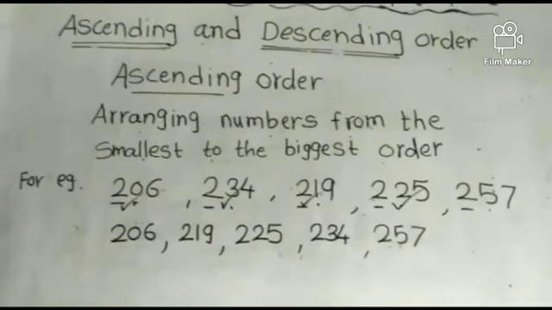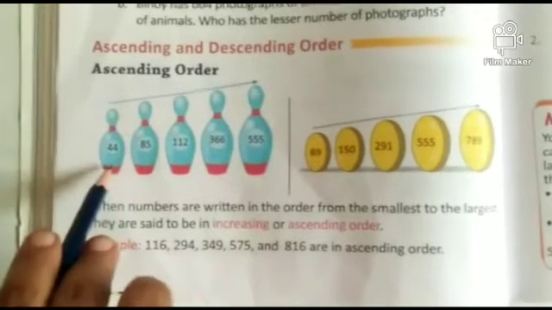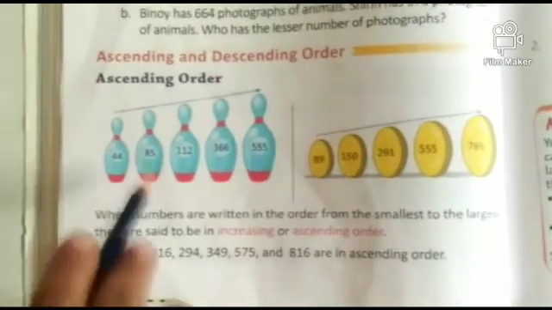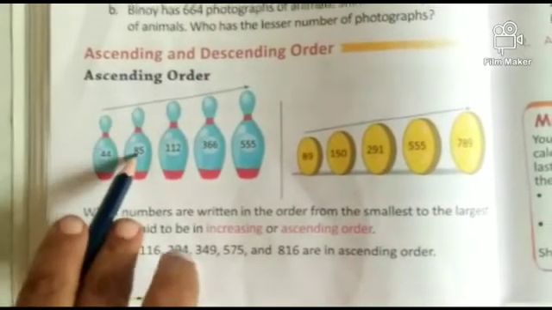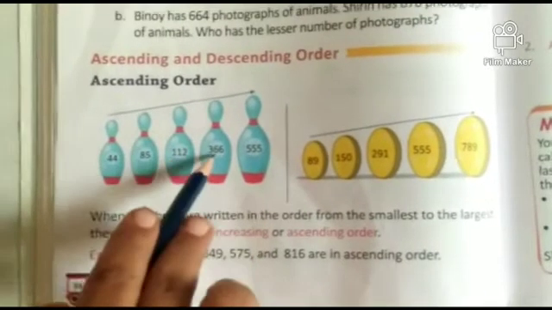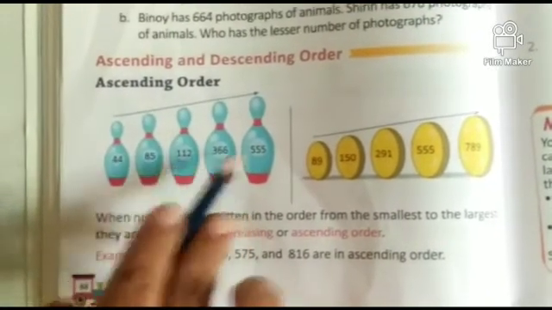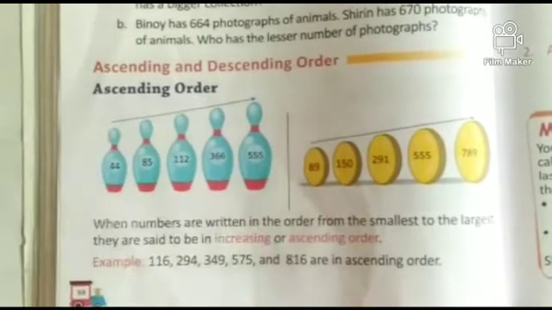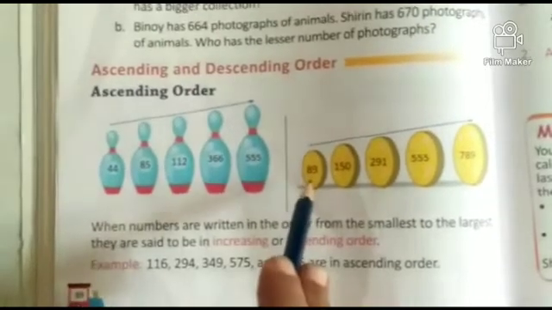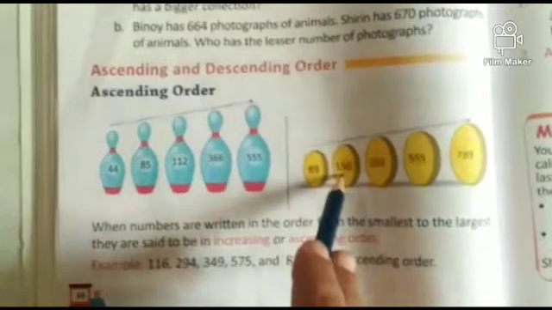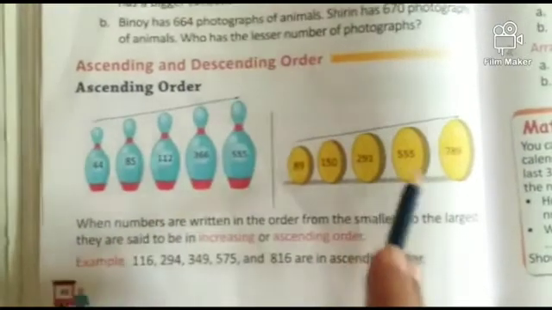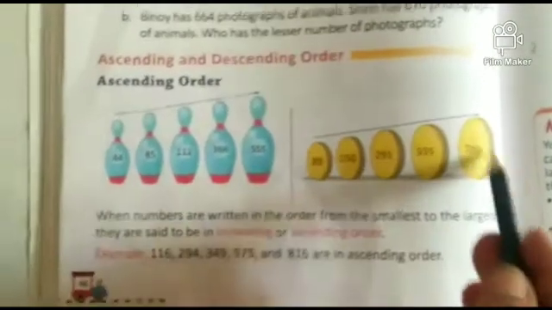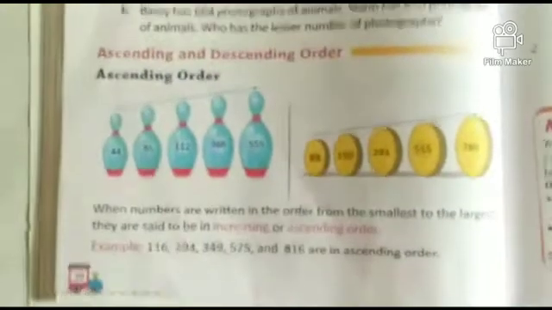Okay, children? Here are some ascending order numbers. 44, 85, 112, 366, 555. These are ascending order numbers. And here is also 89, 150, 291, 555, 789.